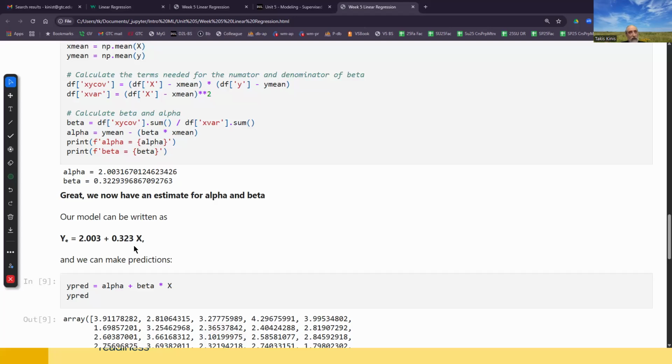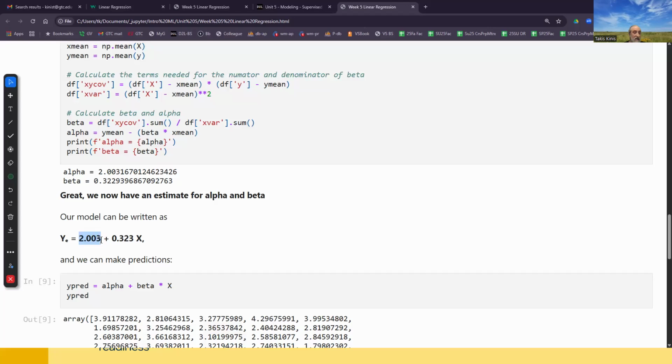Now, I want you to be mindful of this. This is a randomly generated set of data. So every time you run this, it's going to be different numbers, right? But this algorithm, using those formulas, can still extract the line. This is written in a different format.